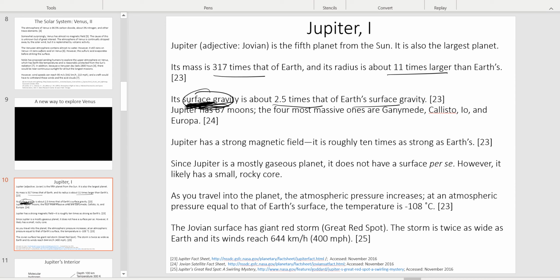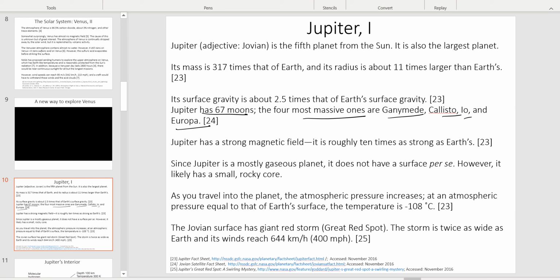Jupiter has quite a few moons. Actually, new moons are being discovered not all the time, but reasonably frequently. But the most recent count as of when I made these slides is 67 moons. There are 4 massive ones. All of them have mass, but the 4 most massive ones in particular are Ganymede, Callisto, Io, and Europa.